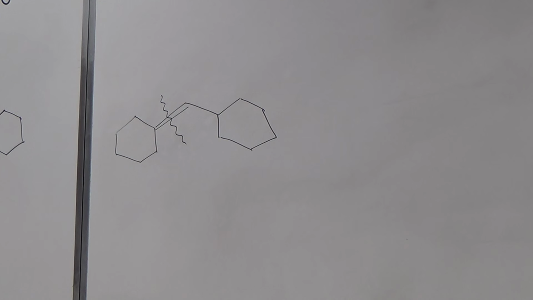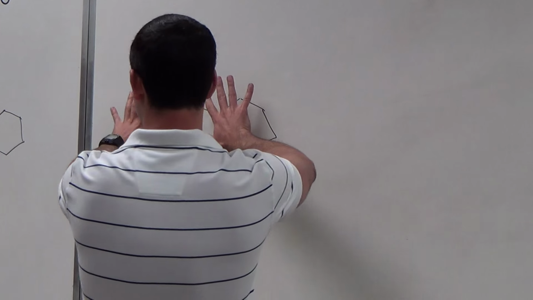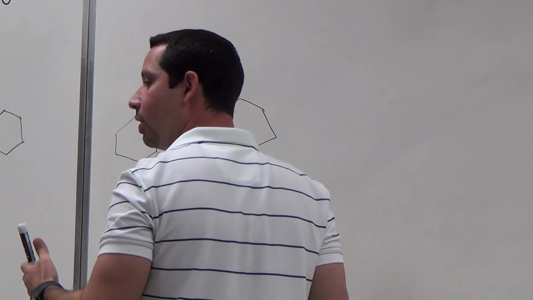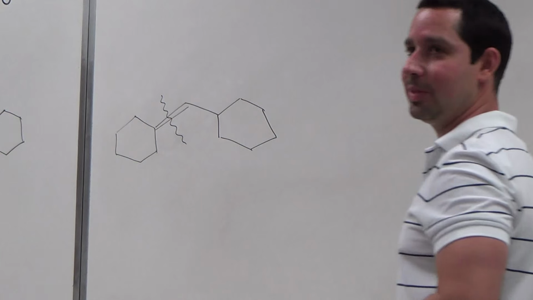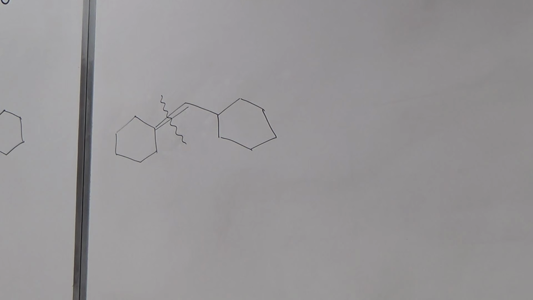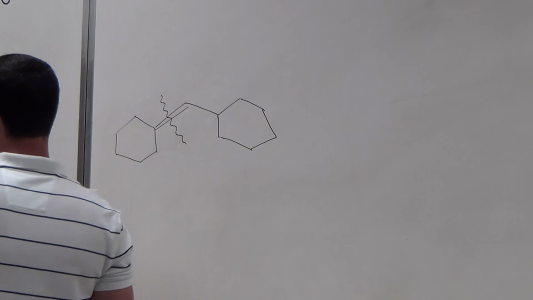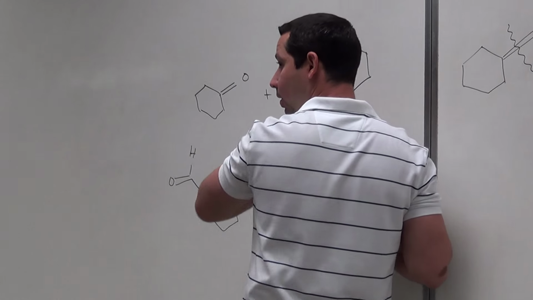One carbon. Not counting the rings, how many carbons in between the rings? Ring here, ring there, how many carbons in between? One. So it only needs to have one before the ring, yes?